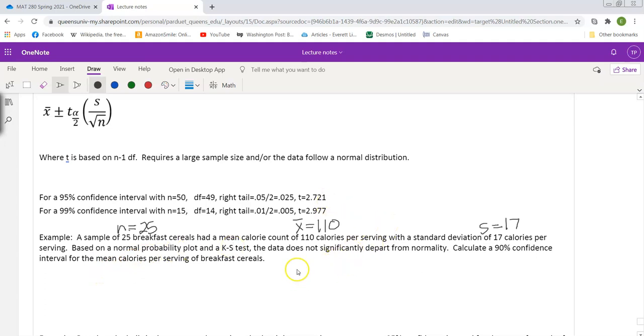So if we want a 90% confidence interval, we need tail area of 1 minus 0.9, so 0.1, divided by 2, so 0.05. And we need degrees of freedom equal to, if our sample size is 25, degrees of freedom is 24.